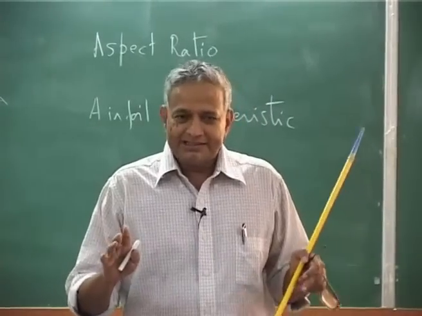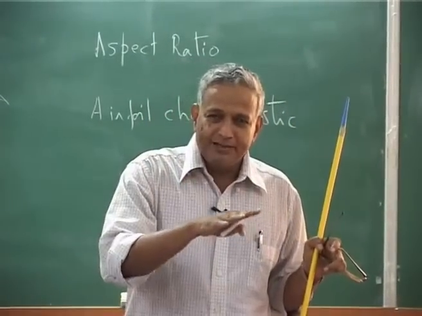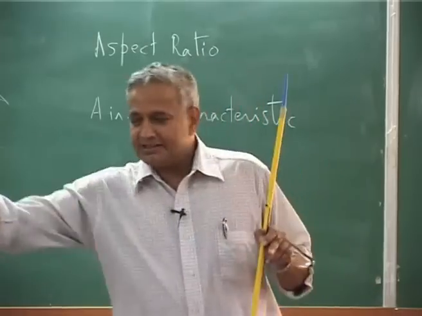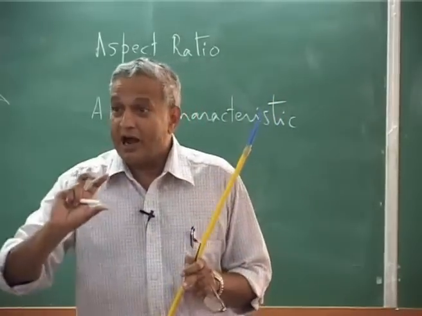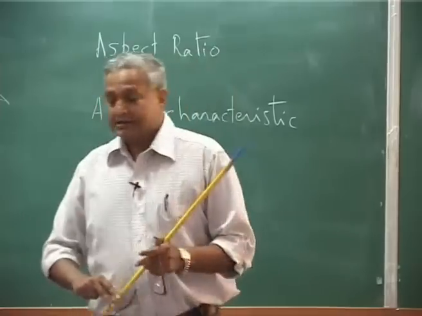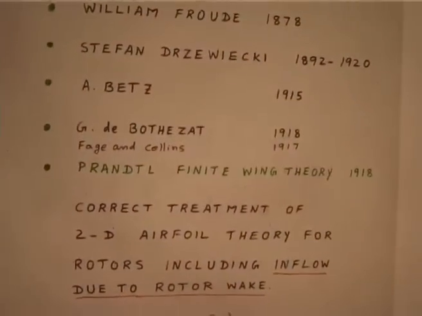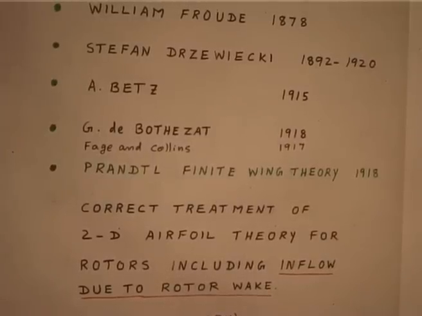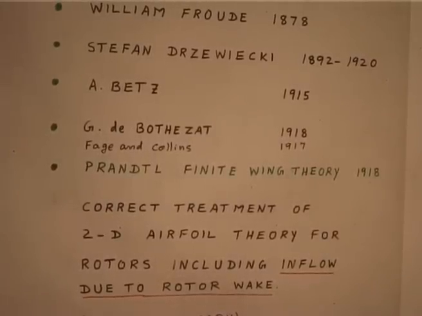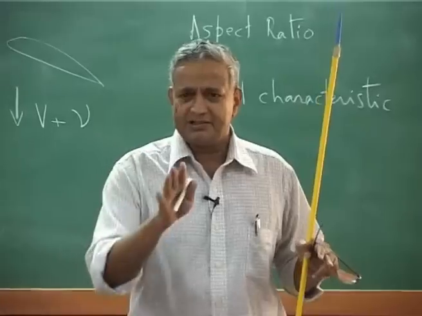They found that if I take the inflow from momentum theory and the aspect ratio, they do not match, they only give a trend. So, they tried to adjust some empirical numbers. Page and Collins took the aspect ratio as 6, fixed the number, and then started correcting the inflow by some empirical factor. This is how they went on to match theory and experiment, purely thrust and power, nothing else.